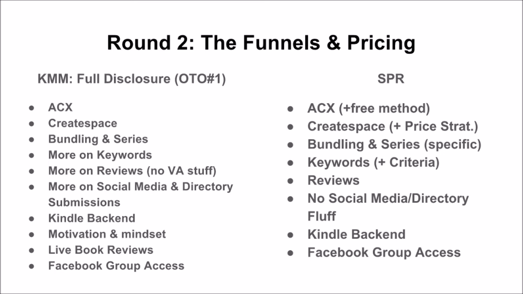Then comes Kindle books, then your audio books. And then if you really want to add a 4th income stream, you do the Kindle backend. The Kindle backend is just an autoresponder series for your readers, and then you eventually monetize it. SPR recommends that you get to the 5K a month level and then start messing around with autoresponders for your niches. All right, let's move on.